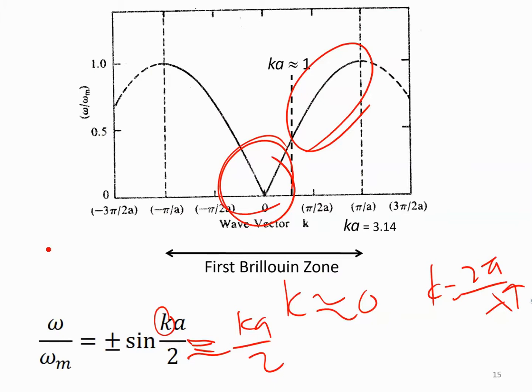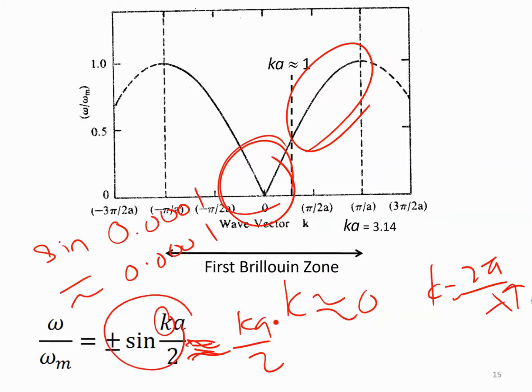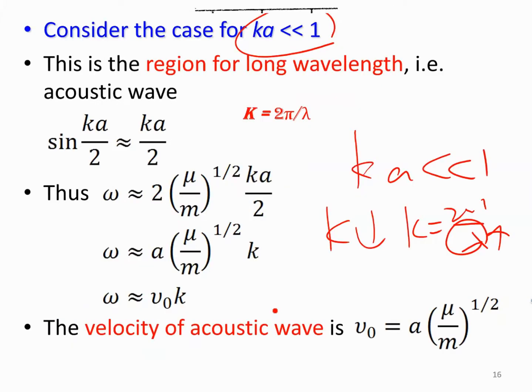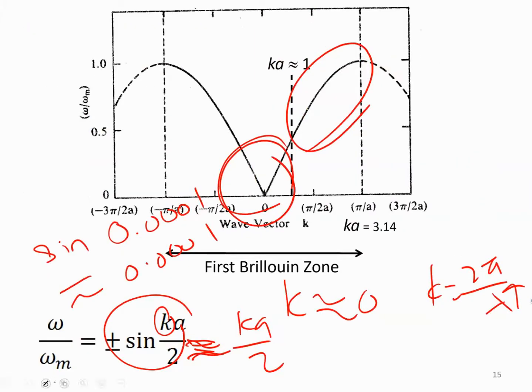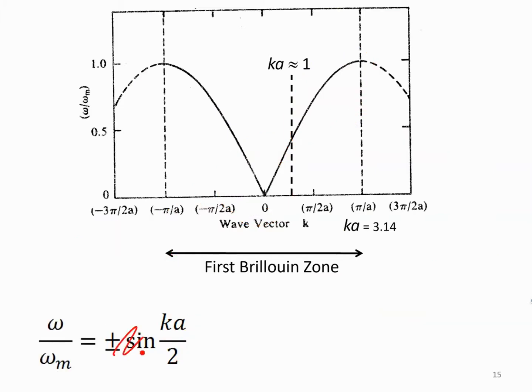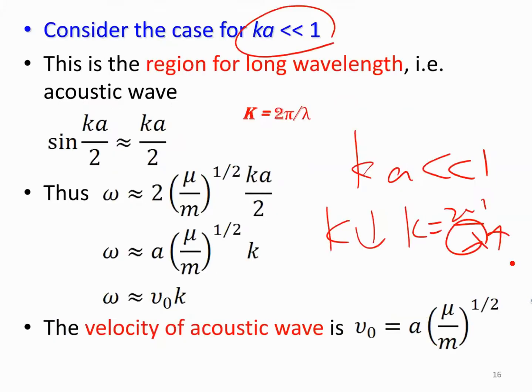If you don't believe it, take out your calculator and find sine 0.0001. You get the answer 0.0001. Therefore, when K is very small, we can assume that sine Ka over 2 equals Ka over 2. So omega over omega max equals Ka over 2.